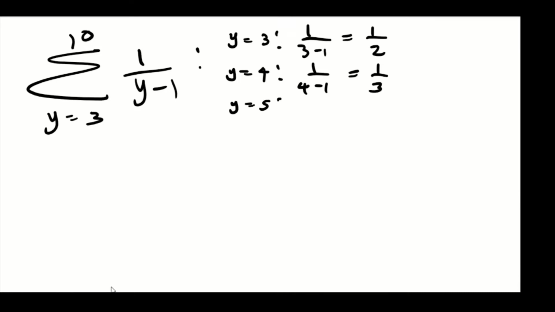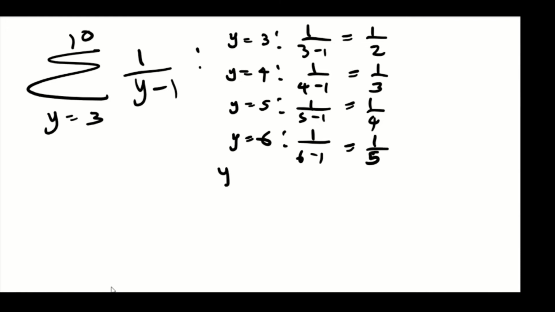When y equals 5, 1 over 5 minus 1 is 1 over 4. Y equals 6 gives 1 over 6 minus 1, which is 1 over 5. Y equals 7 gives 1 over 7 minus 1, which is 1 over 6. Y equals 8.